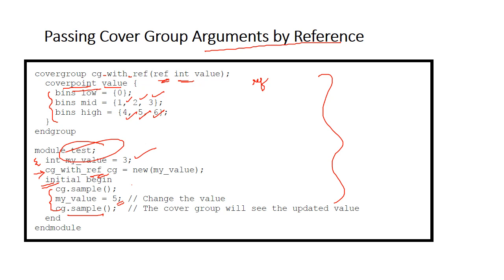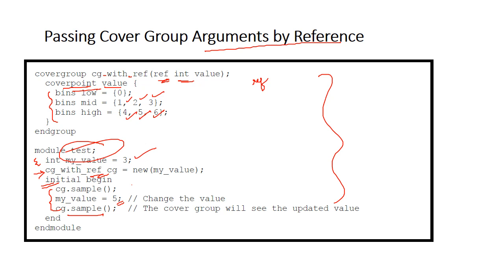So in order to summarize passing the cover group arguments through reference, the code which I have displayed over here demonstrates how to pass a variable by reference to a cover group by making use of the keyword ref, reference.